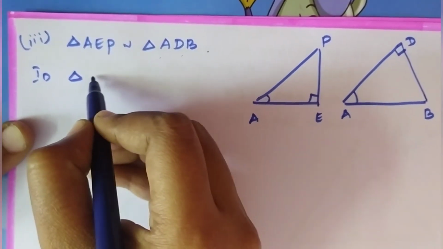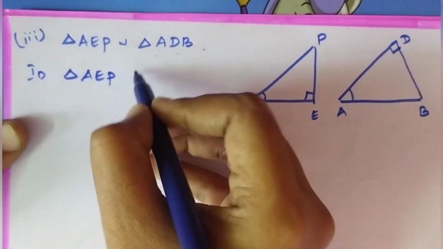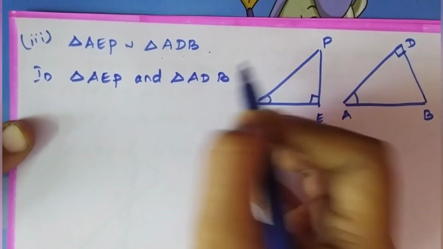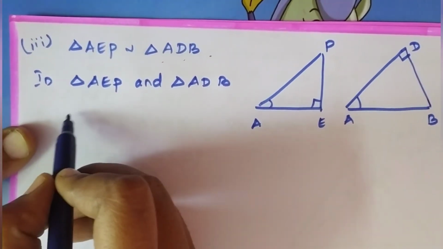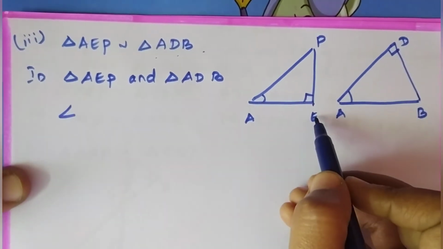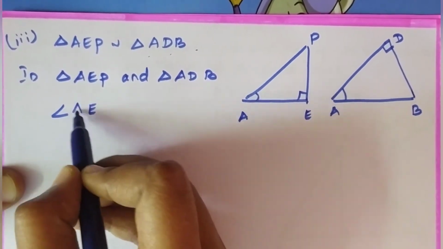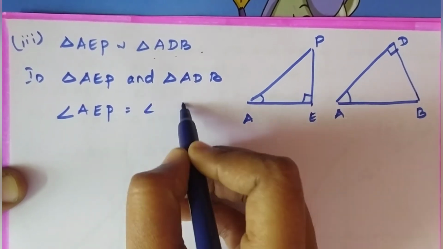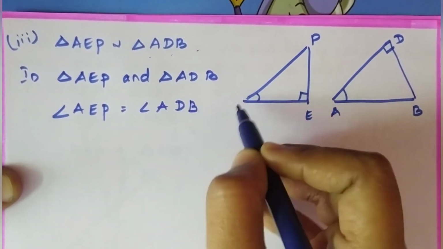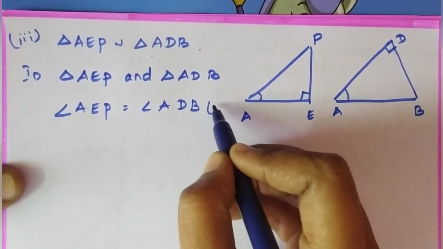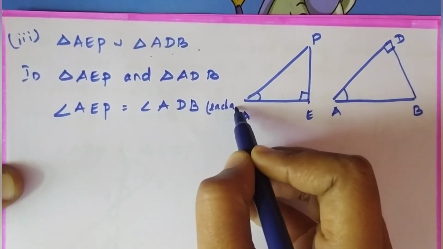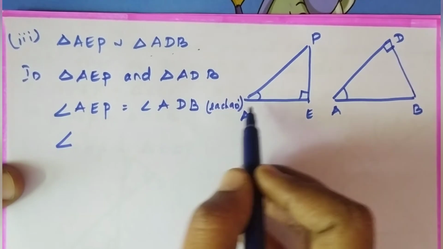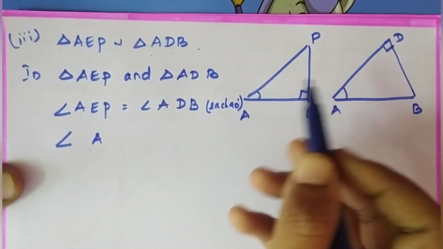First I am going to take a triangle: in triangle AEP and triangle ADB. First you have to write the 90 degree angle first, E. Write the remaining vertex names on the other side, and here D, A, B. So each is 90 degrees. And the next one is angle A, right in between.